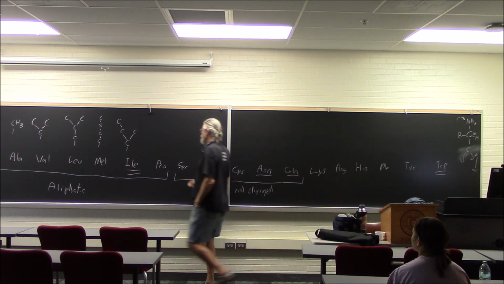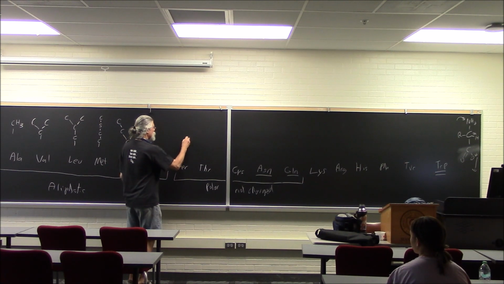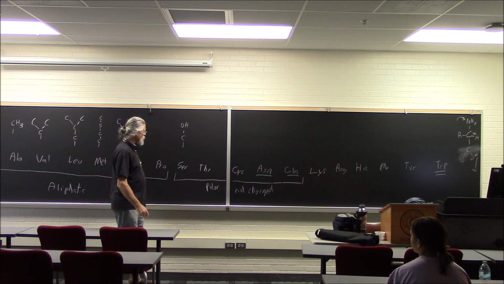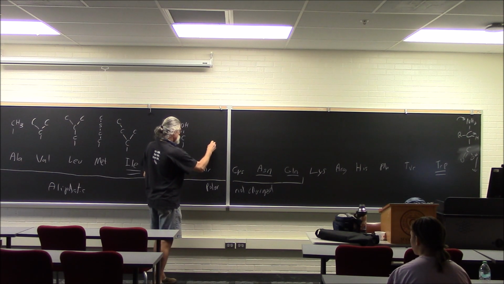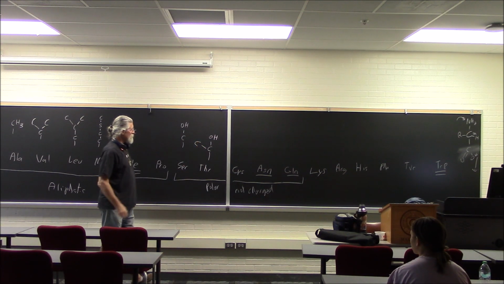So serine is essentially alanine with an OH group on it. Threonine is like serine, except there's also a methyl group that comes off there.